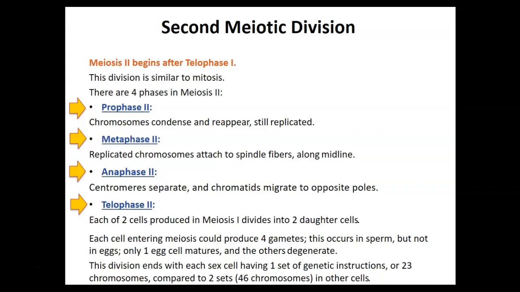During anaphase 2, we see the centromeres, those little center buttons, break, and the chromatids, so the X's are now being ripped apart, and they go to the opposite ends. And in telophase 2, each of the 2 cells that were produced in meiosis 1 is going to give rise to its own set of daughter cells, so now we're going to go to 4. So we went from 1 diploid cell to 4 haploid cells.